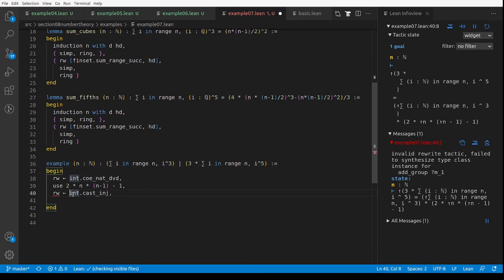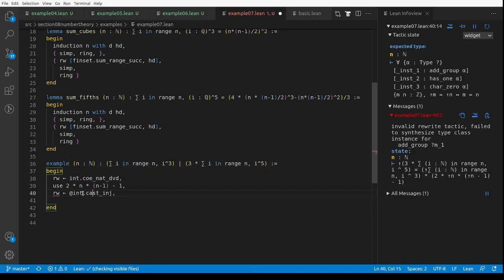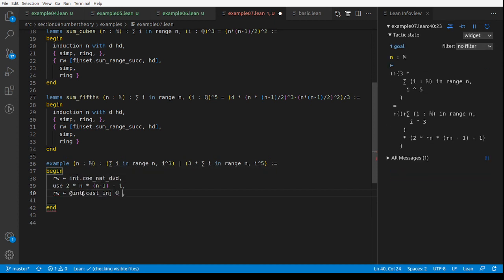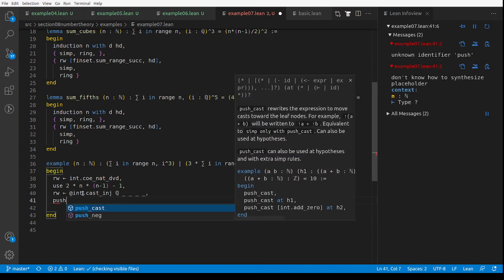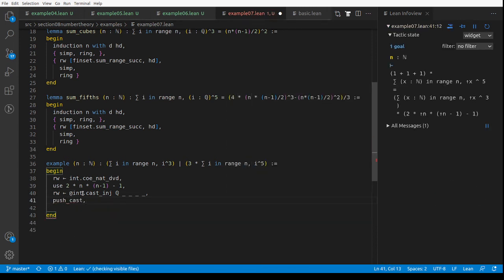So maybe I'll put at int cast inj. 1, 2, 3. I'm going to have to overrule. I'm saying Lean, you can't guess what this one is. Let's try this. There we go. And now let's try push_cast. Great. And that's pushed the cast all the way in here.